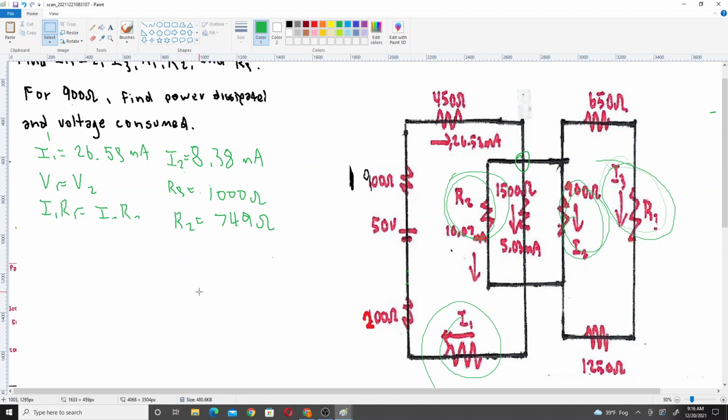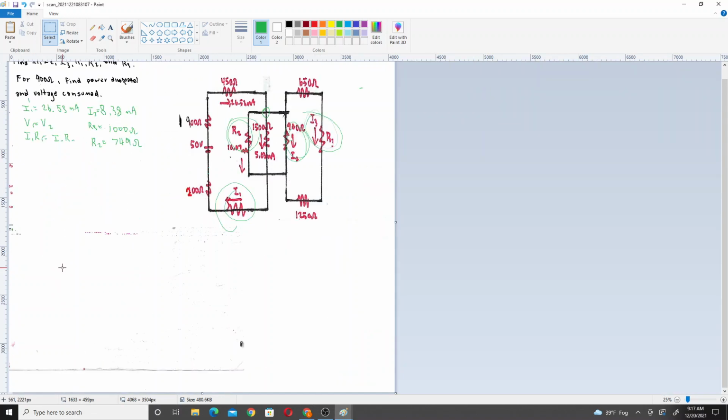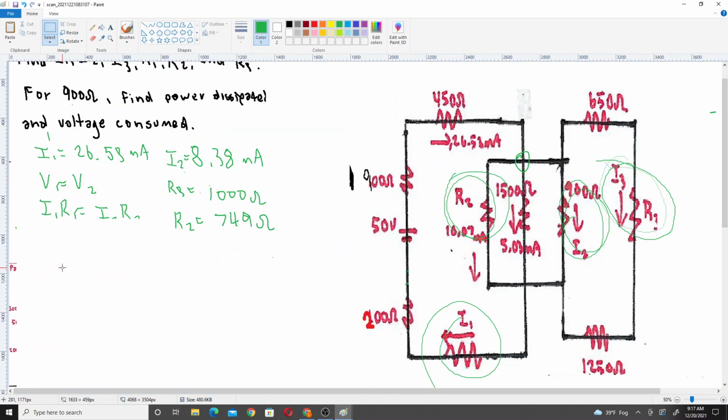So now that we have all those, we need to know the equivalent resistance so that we can find the voltage consumed and power dissipated. We start by adding together all the resistances. I'm going to do this one slightly differently.